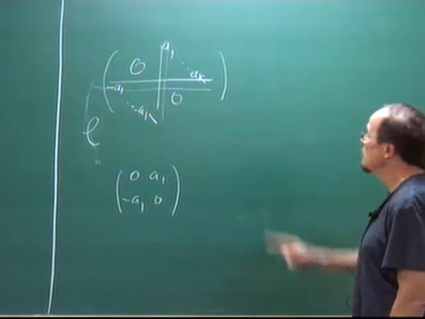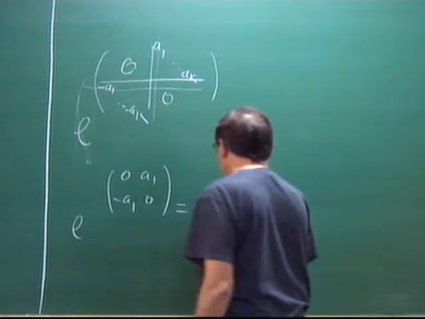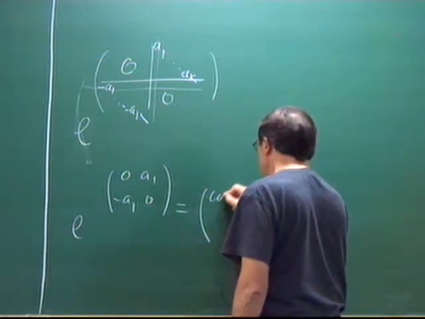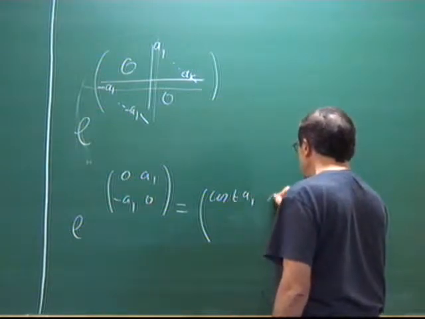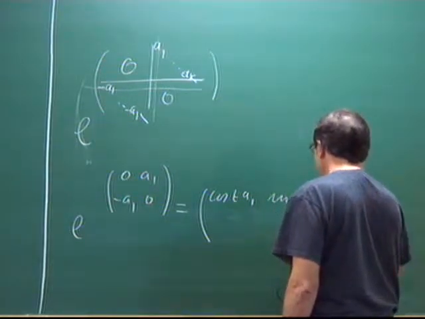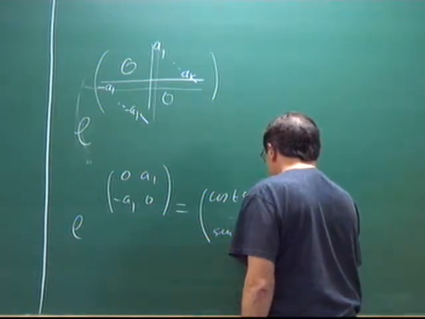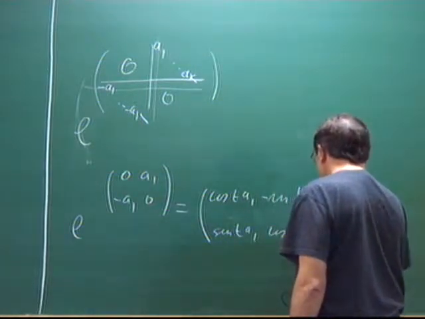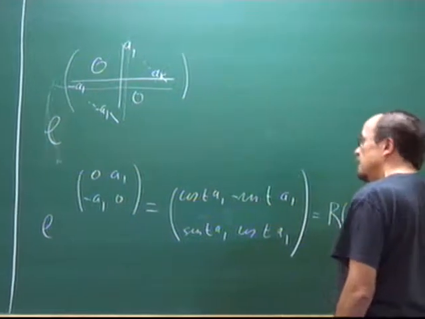And e to that is the rotation matrix: cosine t a1, sine t a1, minus sine, doesn't matter, sine t a1, cosine t a1. So rotation by t times a1.